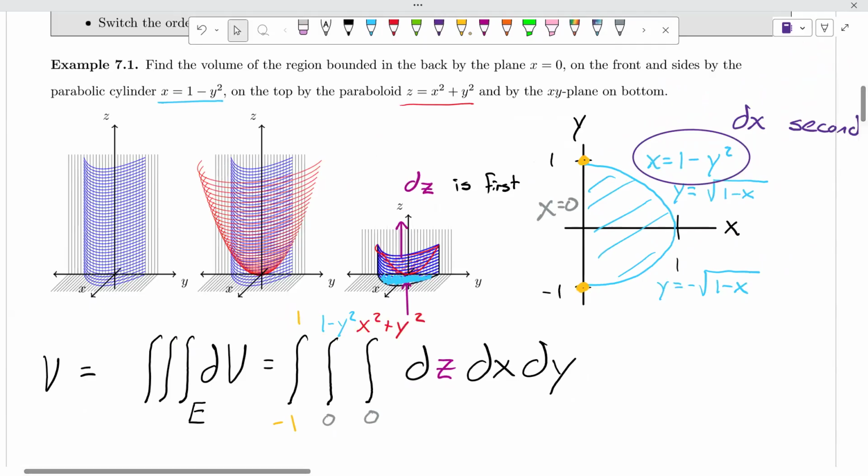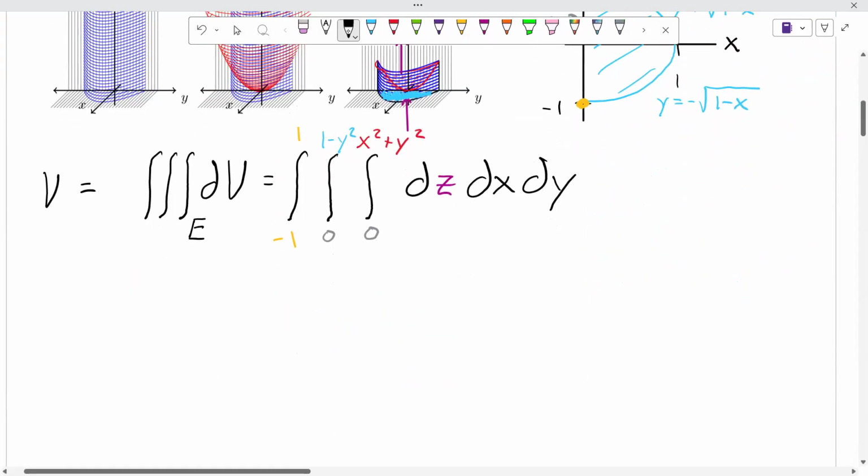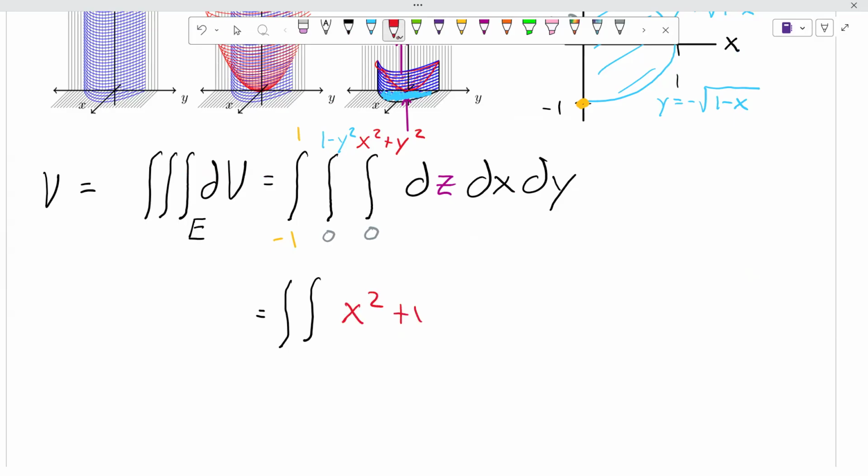Right, and with all that said, let's just get to integrating, because this is going to be kind of fun. So I now have a double integral. I'm doing the z integral first. dz integrates to z, and then I have x squared plus y squared minus 0, dx dy. I'm going quick in class, so some of these are going to come out kind of ugly looking. This is still from 0 to 1 minus y squared, and then we'll still go from -1 to 1.